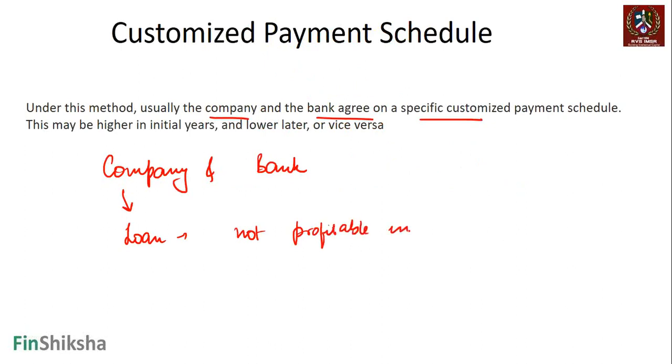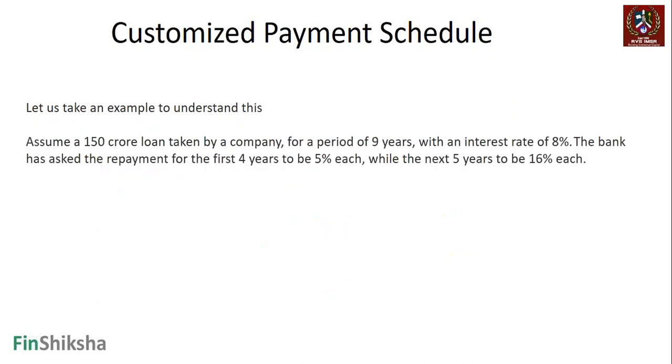If you're taking a project which is not profitable initially, you want to pay less in the initial years. And then as the viability increases, you are willing to pay more over a period of time, but initially you don't want to pay too much. And so this kind of mechanism also becomes a common mechanism across companies.